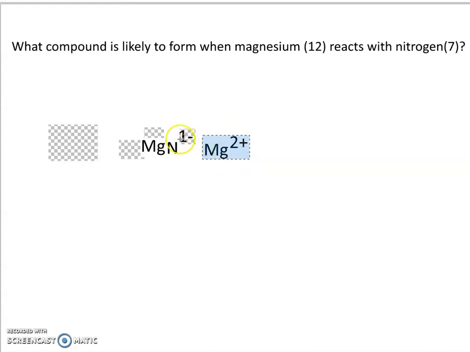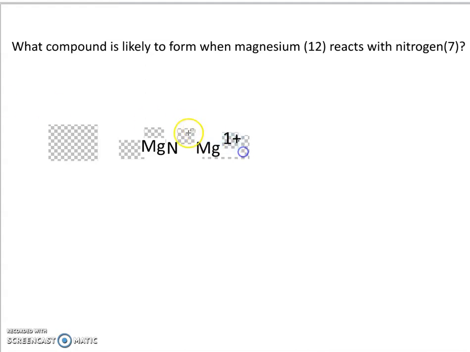So this 1 minus charge on the nitrogen is going to draw in another magnesium with a 2 positive charge. When these get close enough together, this 1 minus charge is going to cancel out one of the positive charges over here, and that leaves a 1 positive charge on this magnesium.